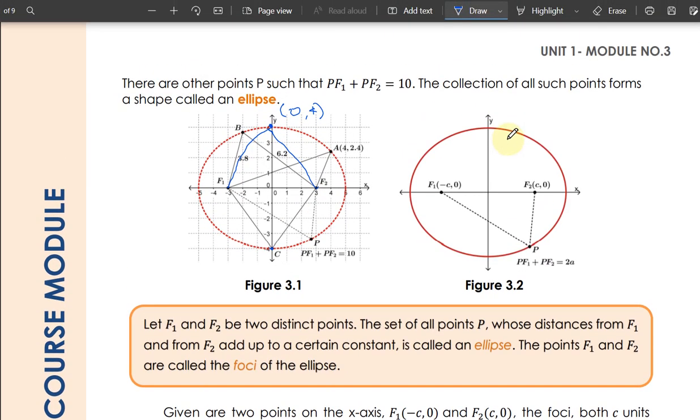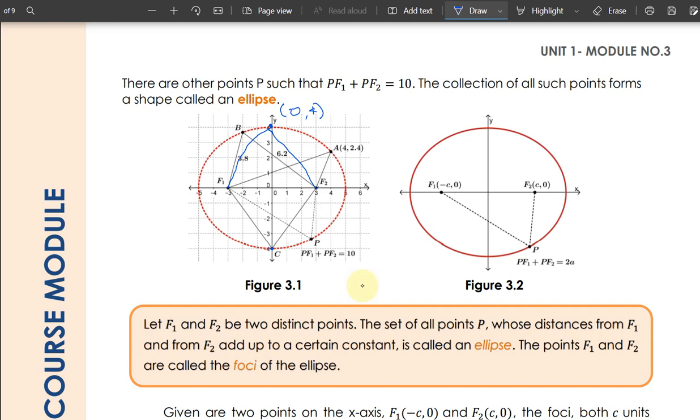So let F1 and F2 be two distinct points. So we have two points, F1 and F2, and the set of all points P whose distances from F1 and from F2 add up to a certain constant is called an ellipse. So if you add the distances PF1 plus PF2, it is equal to a certain distance, for example 2a, then we can form an ellipse.